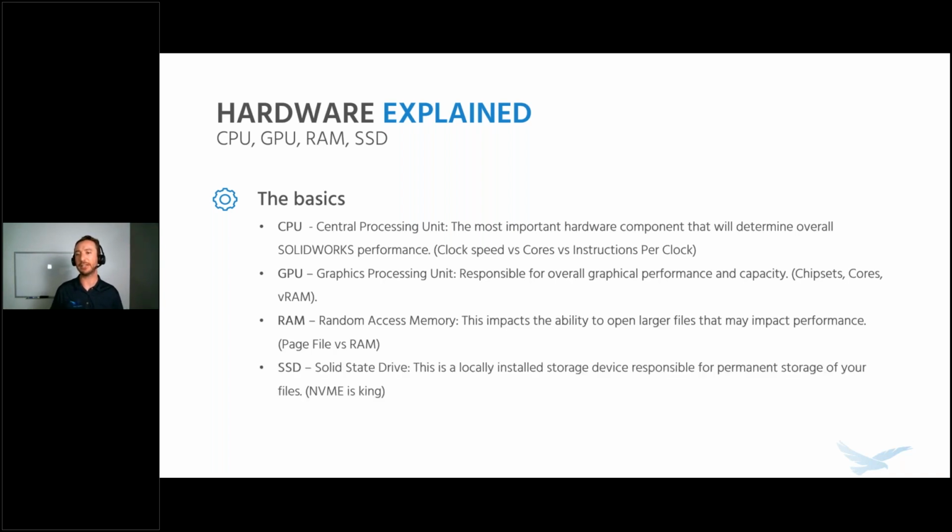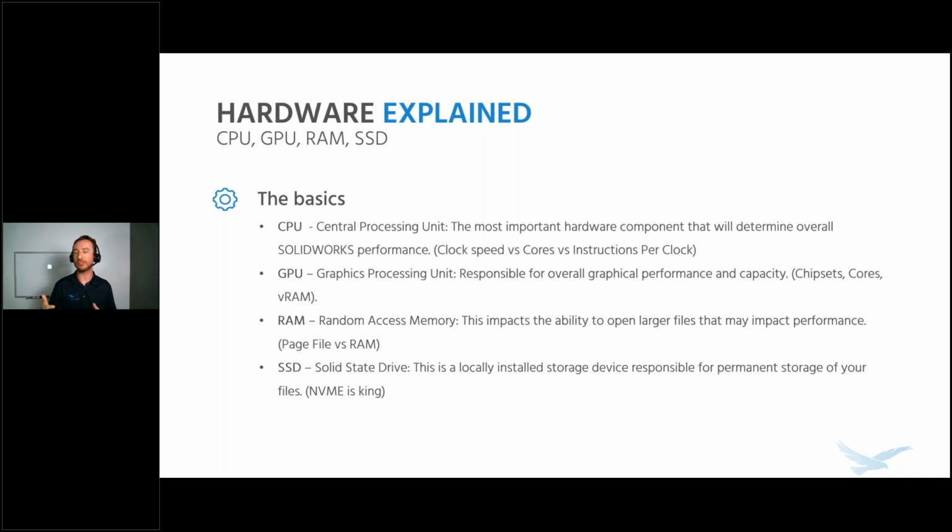The last thing here is your storage drive, and typically now we're just seeing the acronym SSD, which stands for solid state drive. You might have seen HDD and things like that in the past, but really this is the permanent storage device on your system, and the current technology that's by far the fastest is called NVMe. There are specifications within that, for example, PCIe 4 NVMe is the fastest.